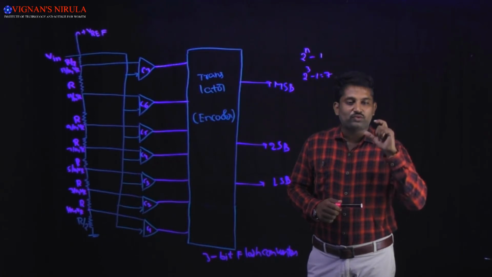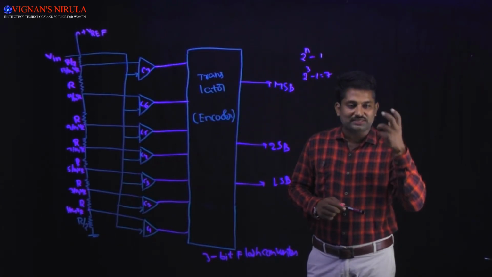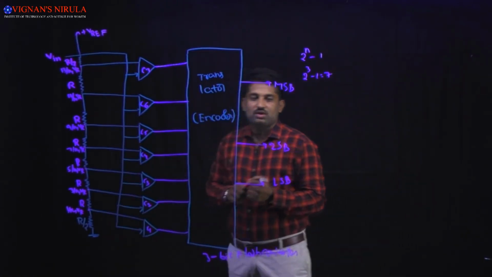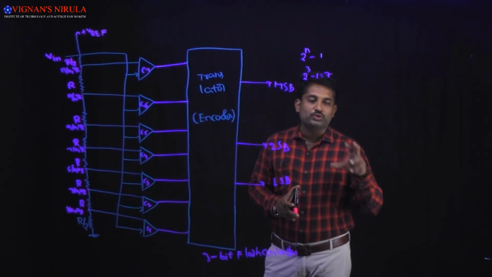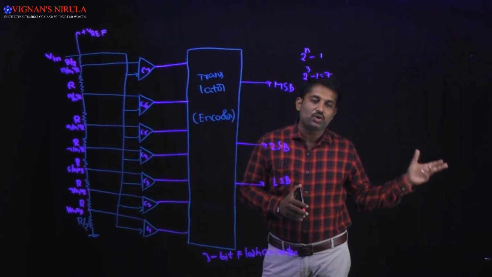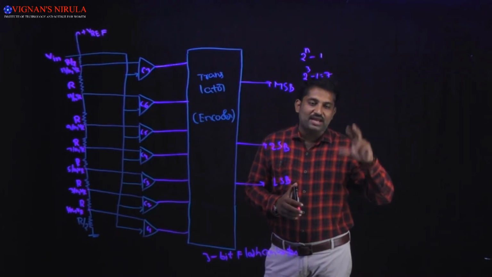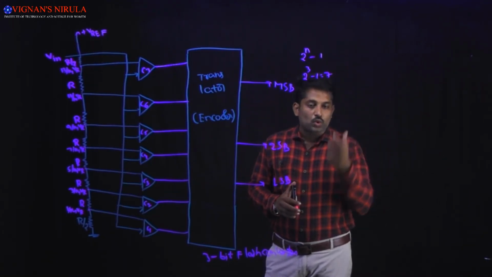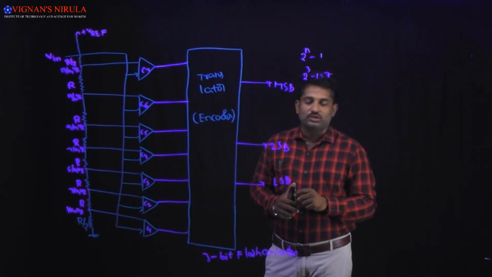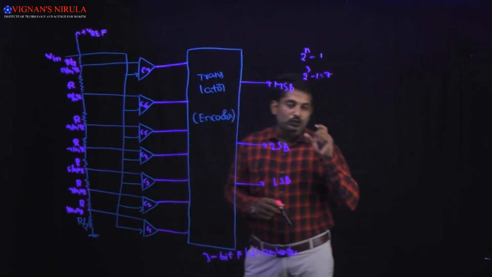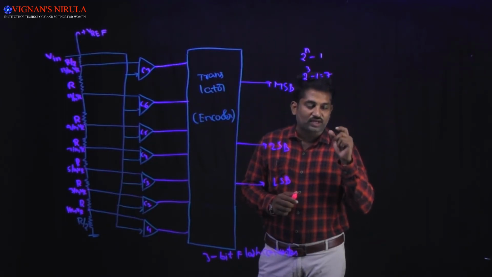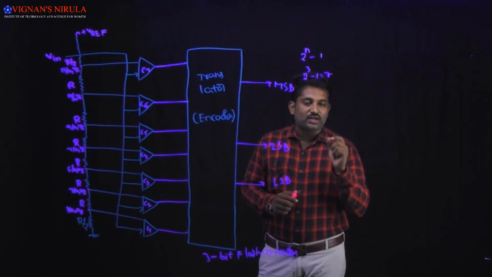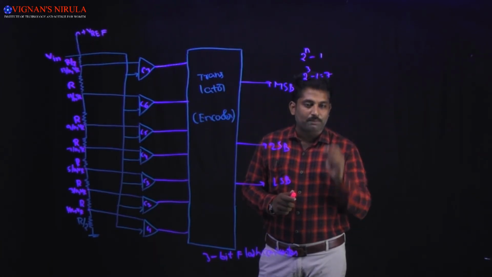So for that full scale input voltage, we are considering the V reference value, and the comparator produces the output as 1 or 0 depending upon the comparison of the reference voltage with the input voltage. The input voltage is applied to the non-inverting input terminal of the comparator, and the reference voltage is applied to the inverting input terminal.